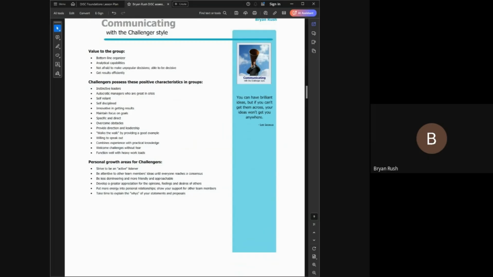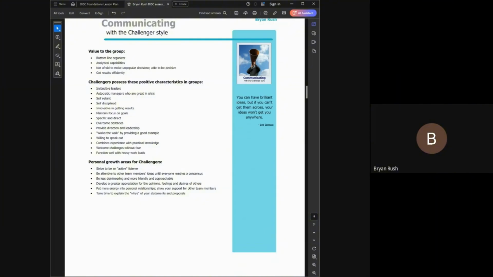These are things that I was trying to work on and actively perform while we were doing our vision and mission strategy session. Put more energy into personal relationships. Show your support for team members. That's something that I'm really working on as well.